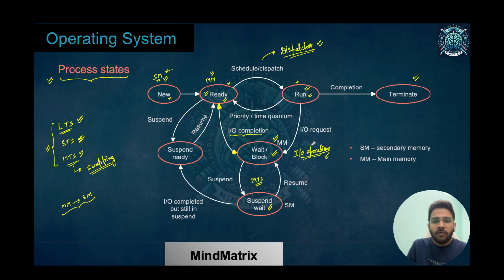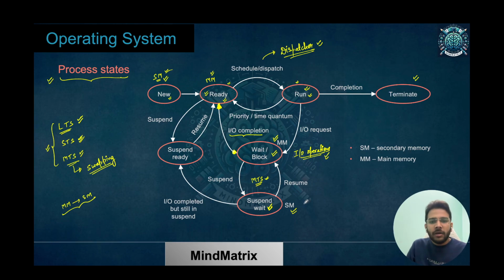So as you know, when the process was performing input output operation while it was in the main memory, and the main memory is running out of space, the medium term scheduler is going to swap out that process to the suspend wait, which is there in the secondary memory.